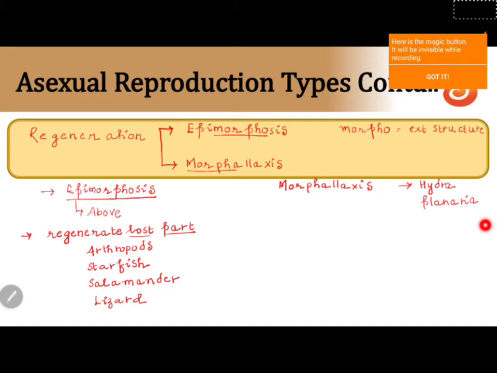In these two organisms, as you saw in the slide before, if a hydra is cut into two parts, the rest of the cells present in the rest of the organism would reorganize to form a new hydra, so that the new hydra is smaller than the hydra before getting cut.